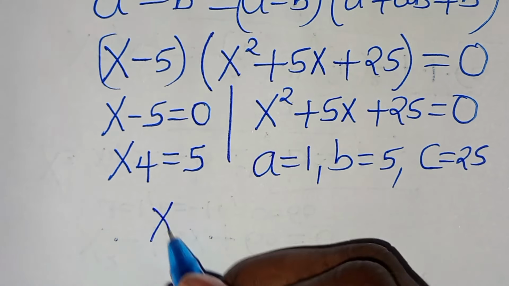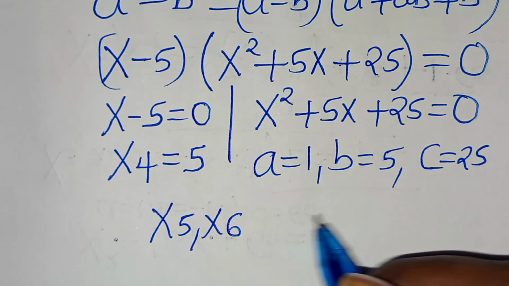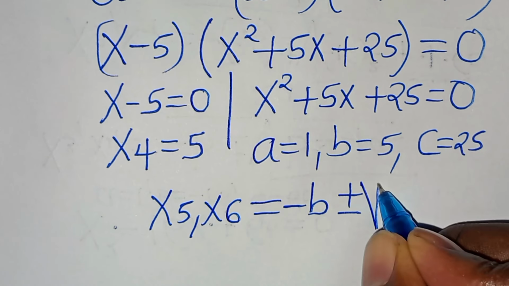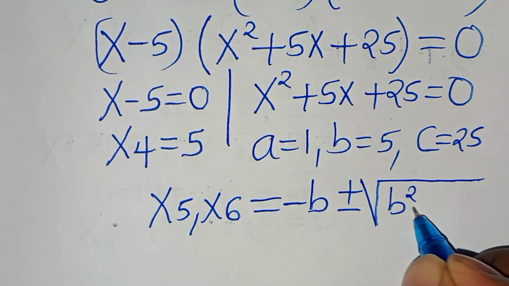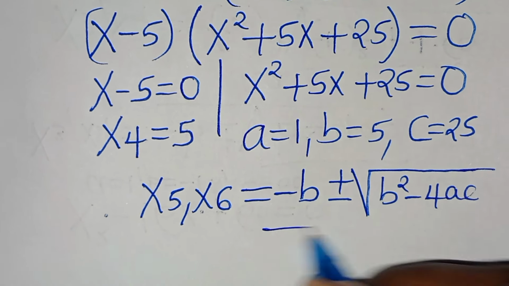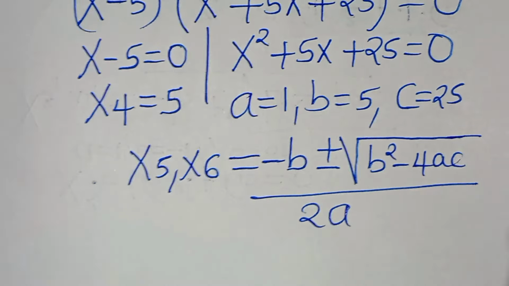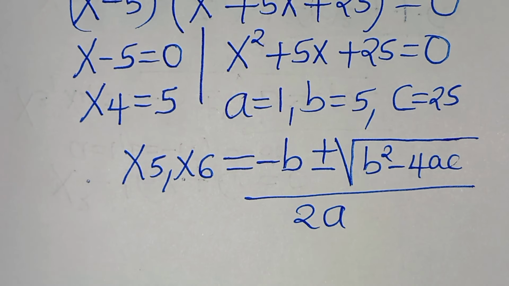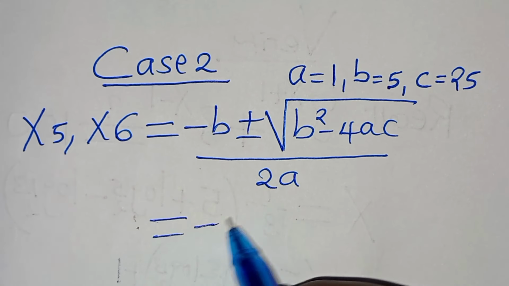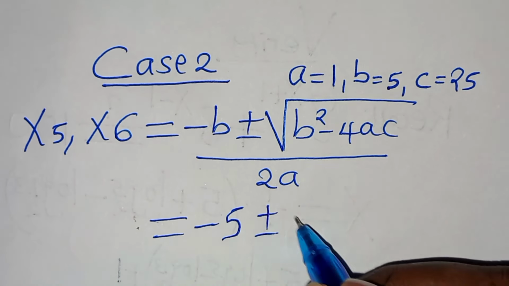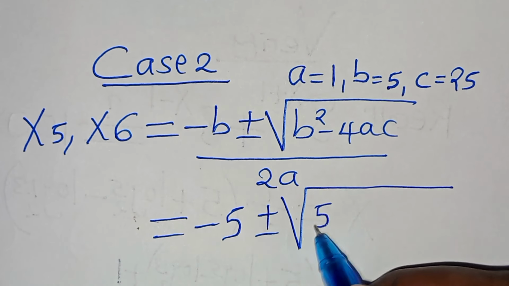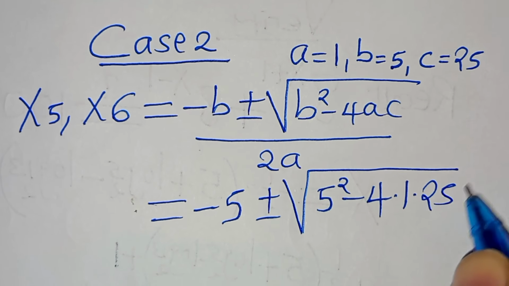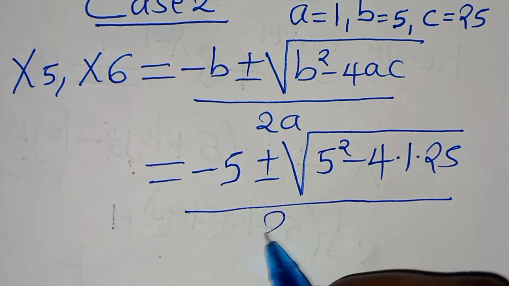So we can solve for x5, x6 by applying the quadratic formula, which is minus b plus or minus the square root of b squared minus 4ac, everything divided by 2 times a. So let's substitute the values of a, b, and c. We have minus 5 plus or minus the square root of 5 squared minus 4 times 1 times 25, everything divided by 2 times 1.